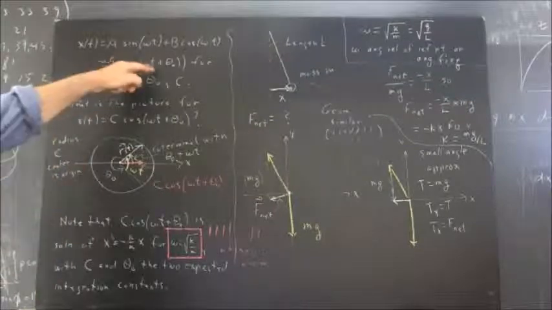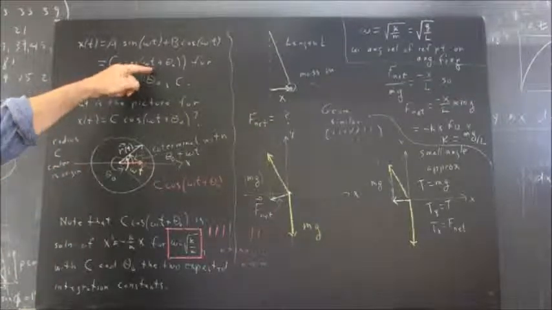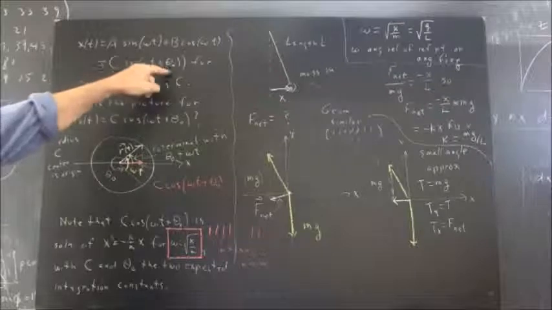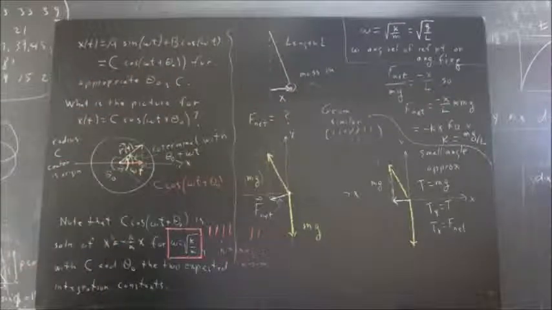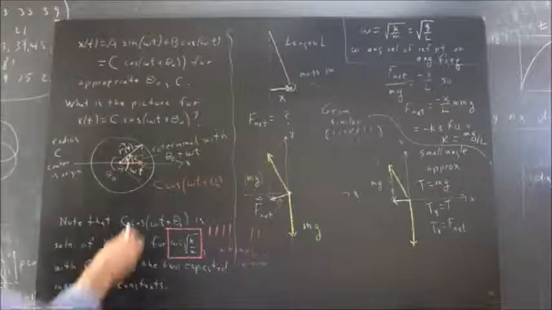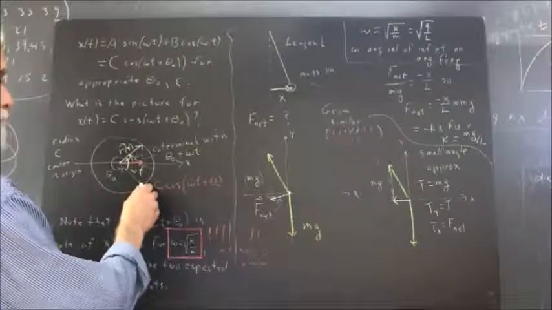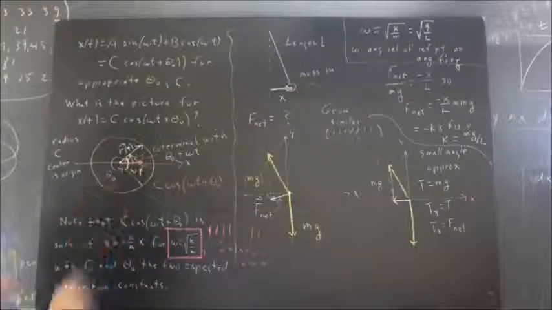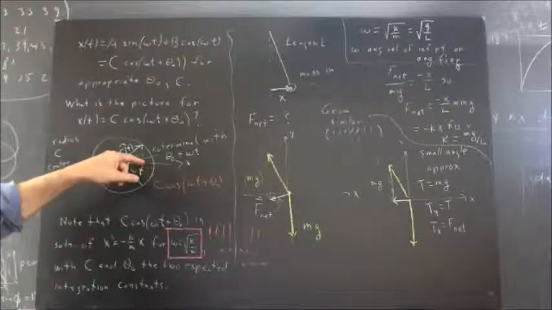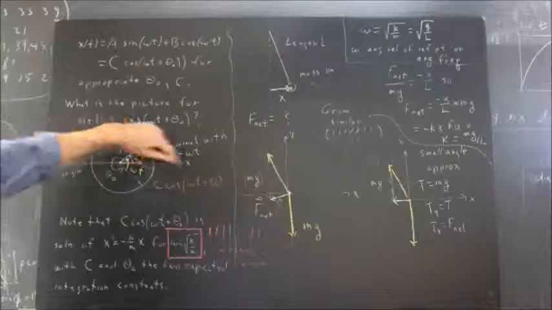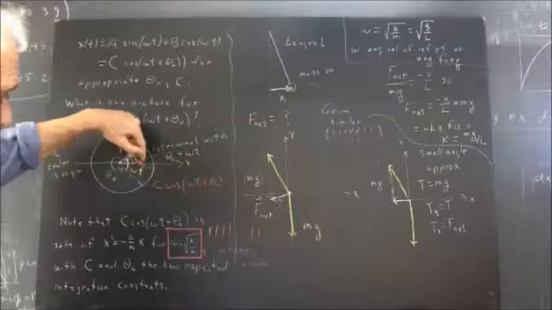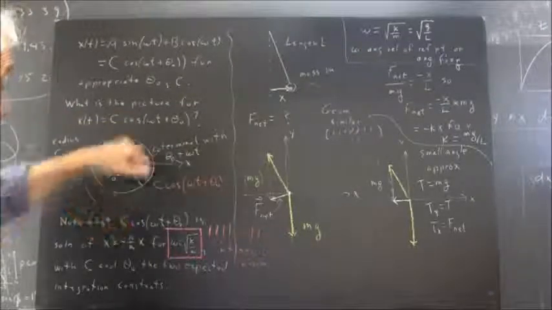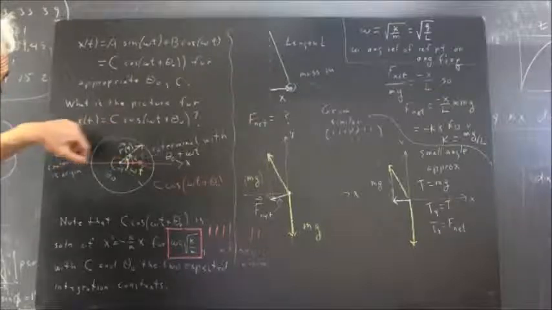When t equals 0, we have c times the cosine of theta naught. So that if we were to project this point on the reference circle up here, we would have the t equals 0 position on the x-axis, and that would be the t equals 0 position of our oscillator that's going to oscillate back and forth.